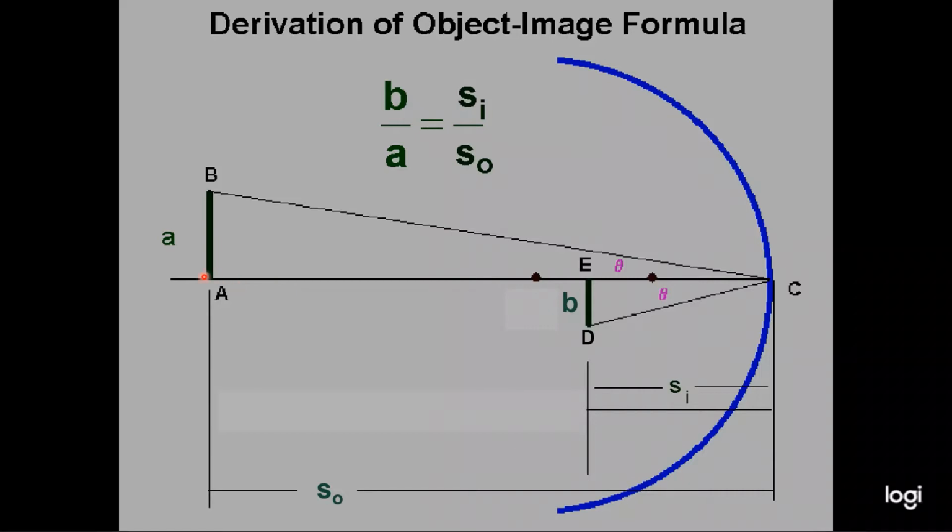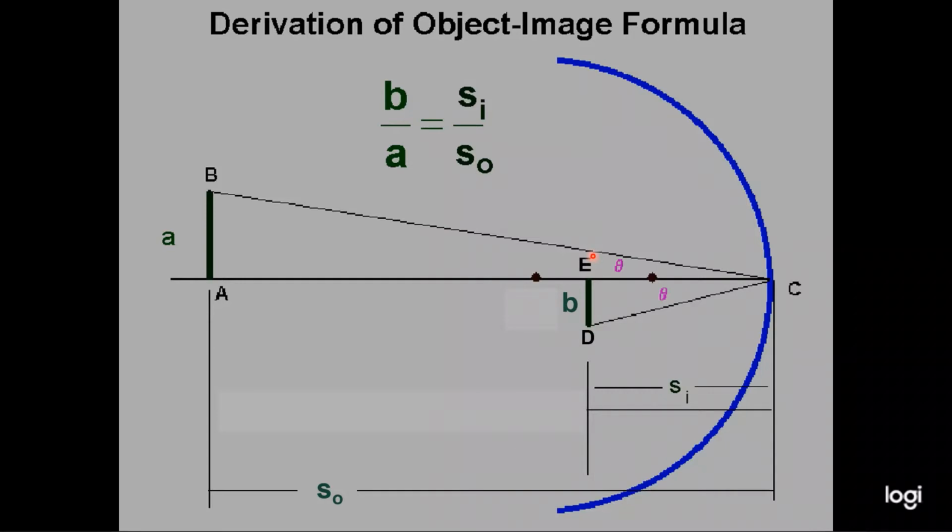The distance from this object to C is called S naught. The distance from the image to C, the vertex there, is called S sub I. That's the image distance. What I've drawn is a ray that goes from the top of A, the top of the object, and reflects off the vertex towards the image. This is one of the rays you can use for ray tracing.